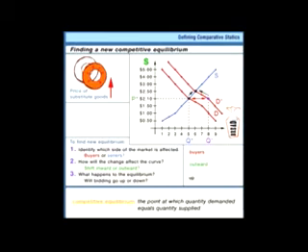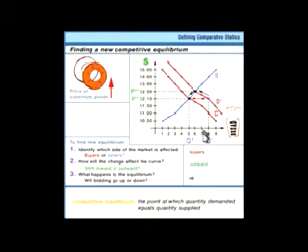This new price and new quantity are our new competitive equilibrium. So if I draw a dashed line over to the price axis, I could call this P star prime, the new higher price. And if I draw a dashed line down to the quantity axis, I could label this Q star prime, an increase in the quantity traded.